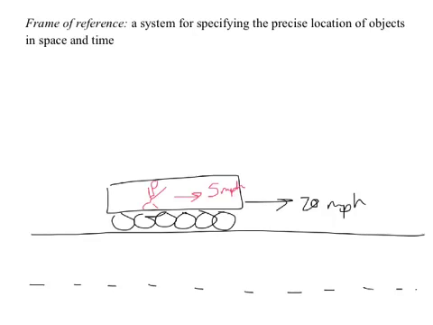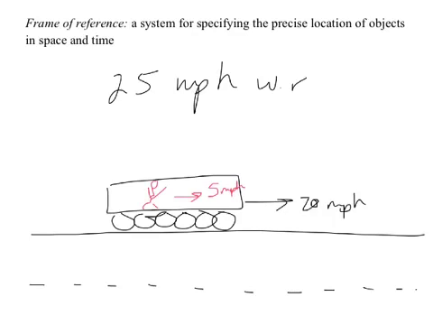Another good example of this would be the conveyor belt walkways at the airport, where you get on the conveyor belt and you walk forward. The conveyor belt might be moving at like 2 or 3 miles an hour, and then you're walking at like 4 miles an hour, so when you look to your left or right, it looks like you're almost running. So it has to do with your frame of reference. Really, with respect to the ground, your speed is 25 miles per hour.